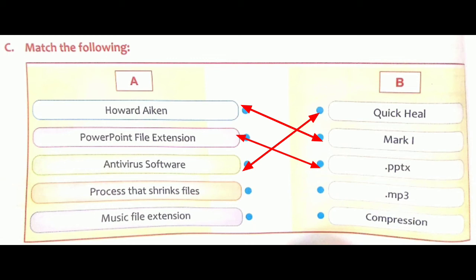So when we shrink a file, when we compress a file, that process is known as the compression. So we will match it with compression. And the fifth point in column A is music file extension. As we can see in column B, .mp3 is the extension of music file. So we will match it with .mp3.